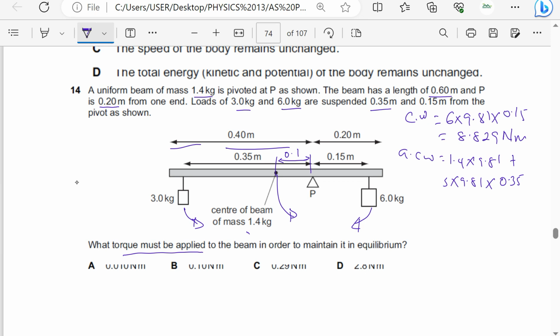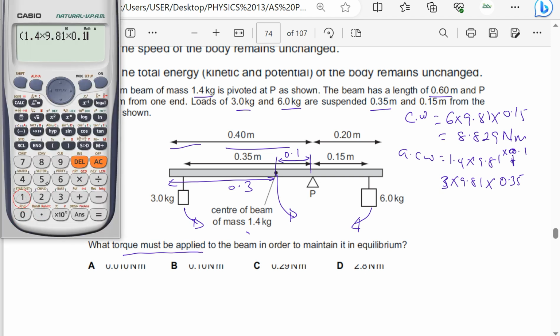No, is it 0.1? Because this must be the center, this distance here should be half of 0.6, which is 0.3. So this is times 0.1 here, times 0.1, then plus 3 times 9.81 times 0.35.